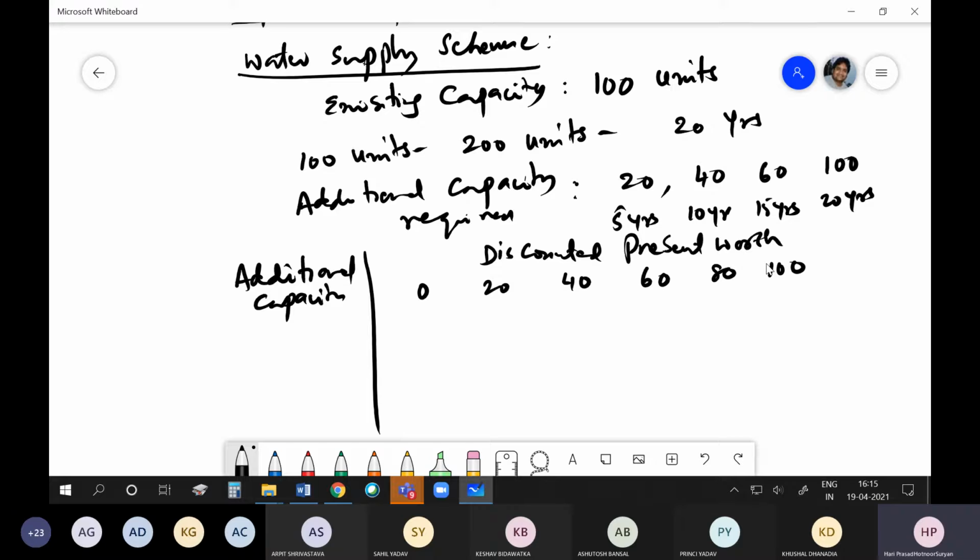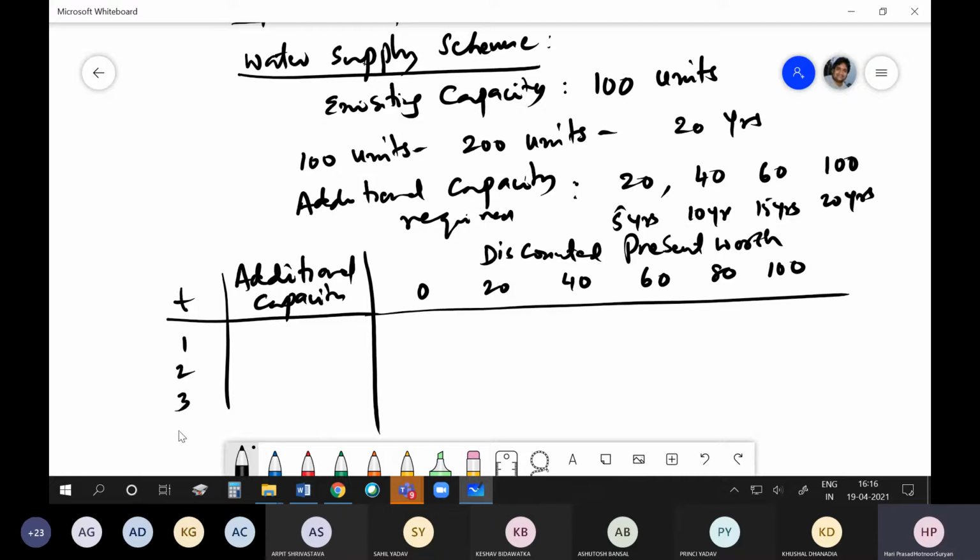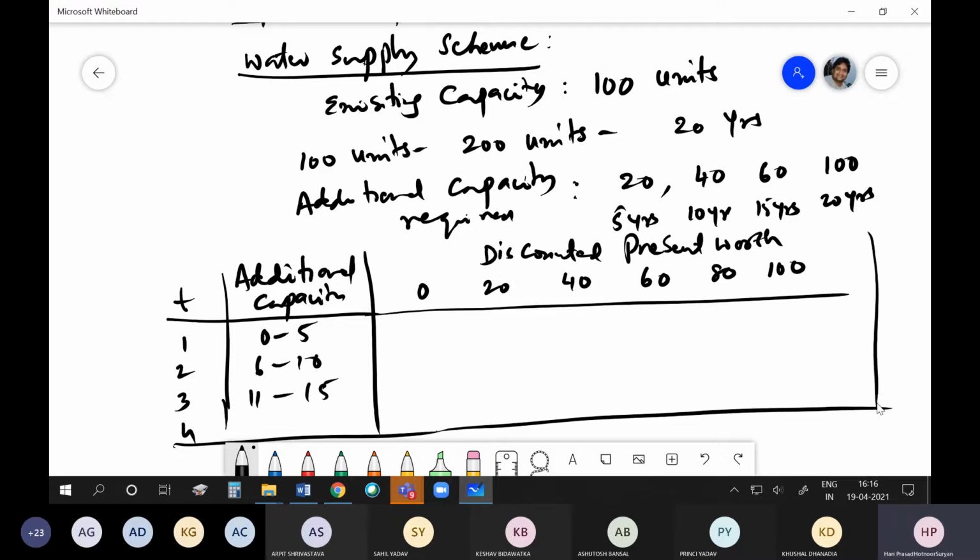The time periods are 4: 0 to 5, 6 to 10, 11 to 15, and 16 to 20. If I don't increase anything, it is 0.